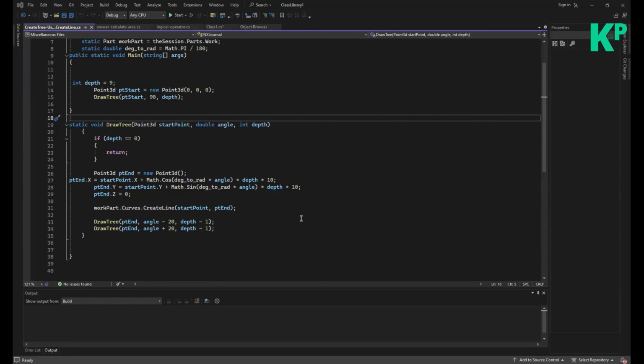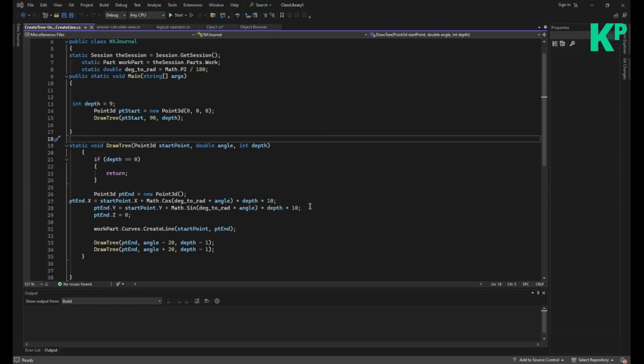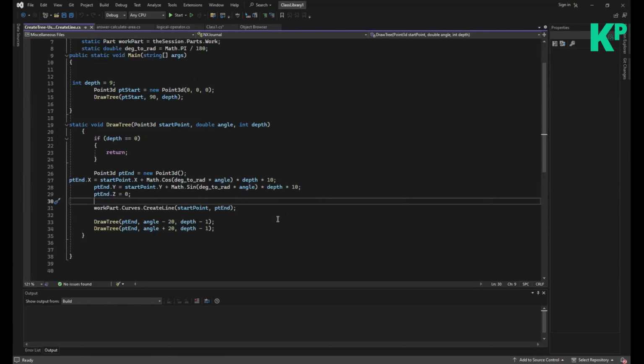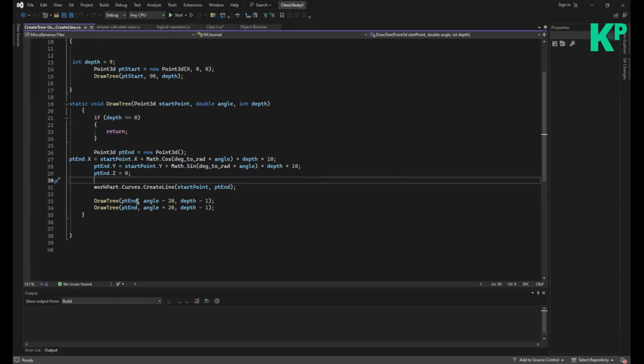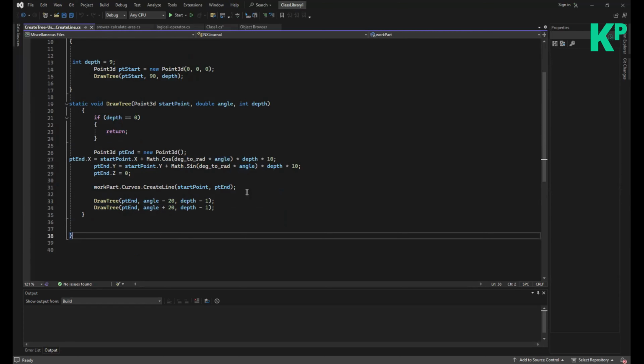Let's have a look at another example. Here you can see there are several arithmetic operators used to calculate the x coordinate and y coordinate, and there is a function. In this function, there are three parameters used: the point itself, the angle, and depth. Here, angle minus 20 is used.